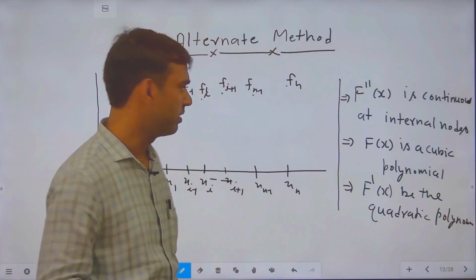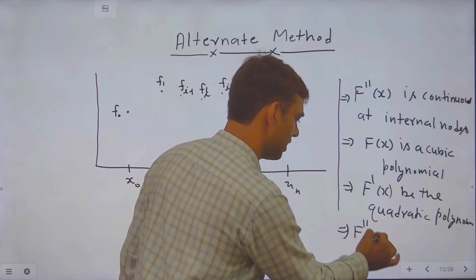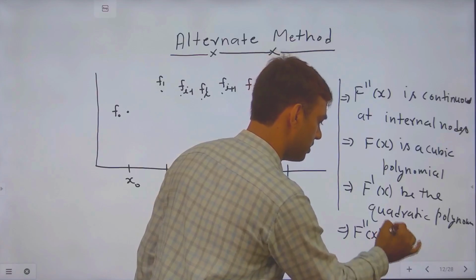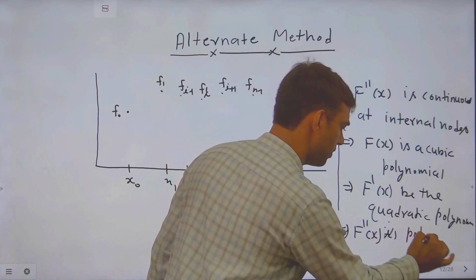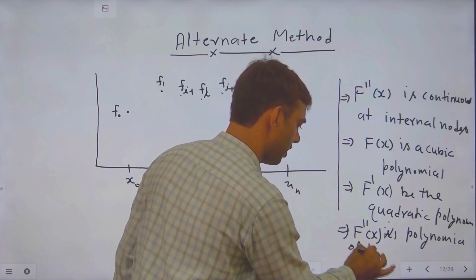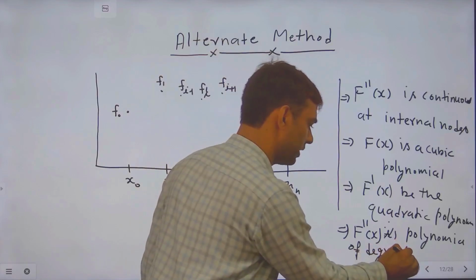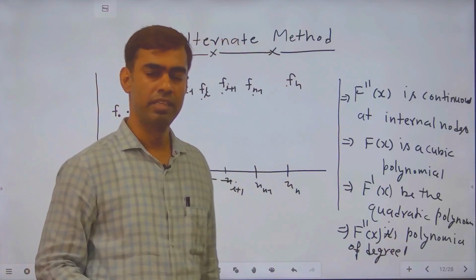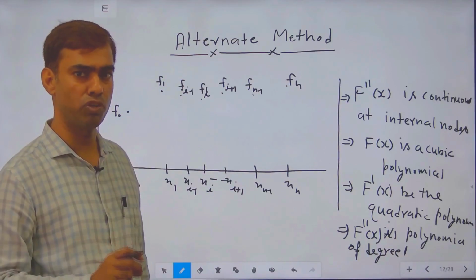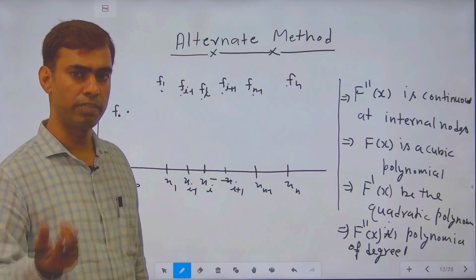Similarly, if we differentiate once again, then f double dash x is a polynomial of degree 1. Obviously, if F(x) is a cubic spline function, meaning we try to fit a cubic polynomial, then f double dash x is a linear function, a polynomial of degree 1.